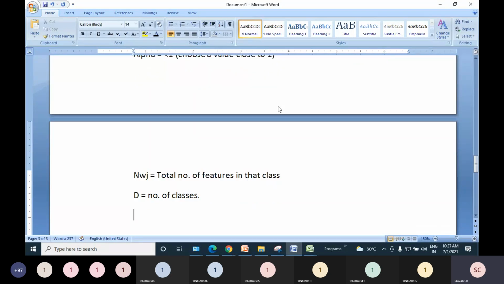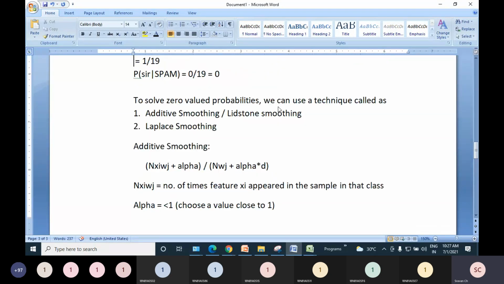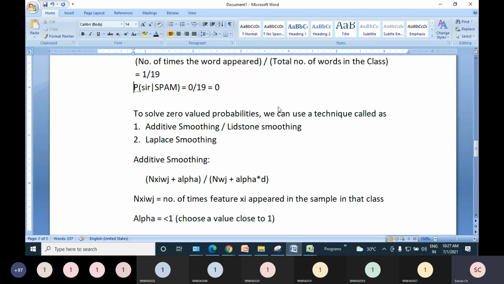Now if you take the example where I am getting 0 by 19, for P of sir given spam, since I am getting 0, I will apply this smoothing. When I apply smoothing, n(xi, wj) is 0, so it will be 0 plus alpha. Alpha means less than 1, close to 1. So let me take 0.8.